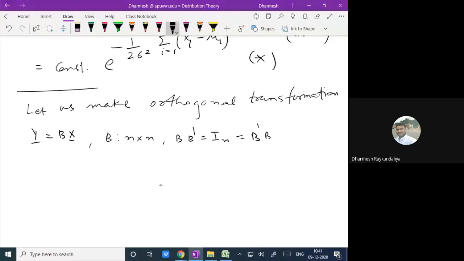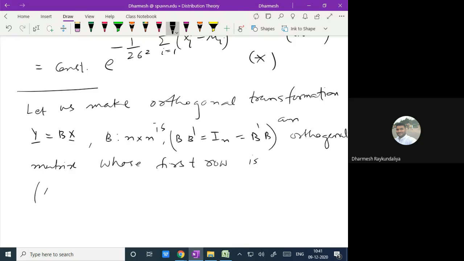So B is an n cross n orthogonal matrix whose first row is mu1 upon mu, mu2 upon mu, up to mu n upon mu.